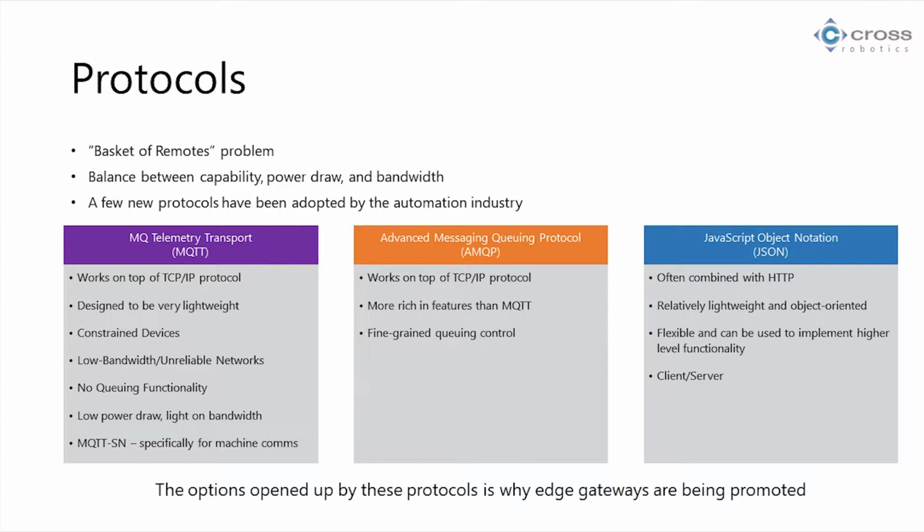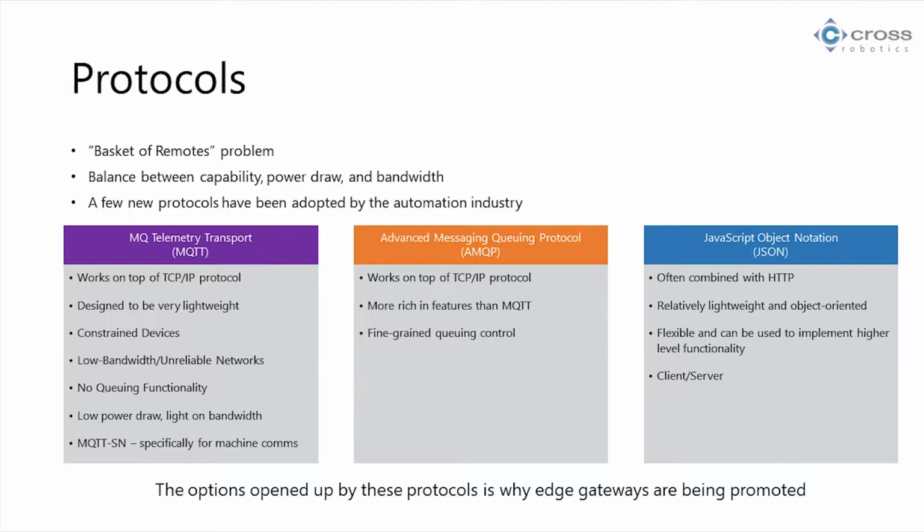An edge gateway, really what it's going to do, it's going to take all these different protocols that are being used by your edge devices, convert them into some kind of more universal protocol so that it can be processed efficiently in the cloud. That's a simple way of looking at that.